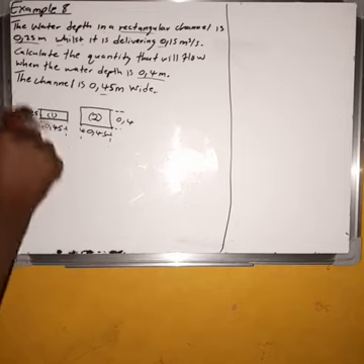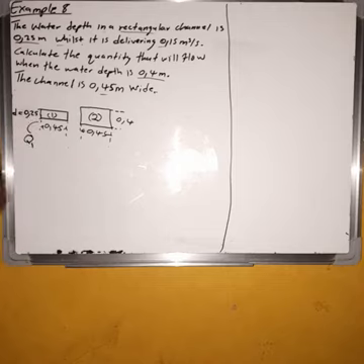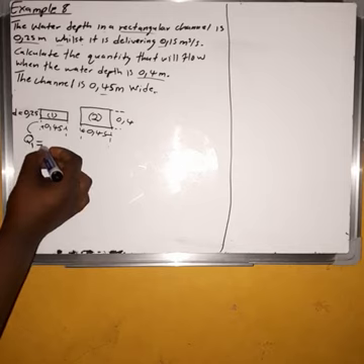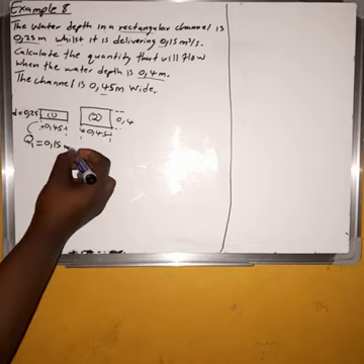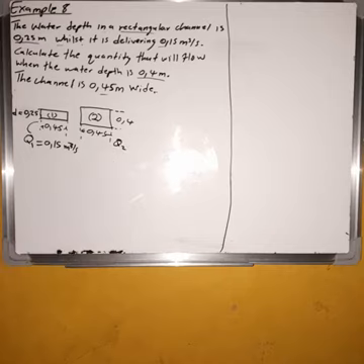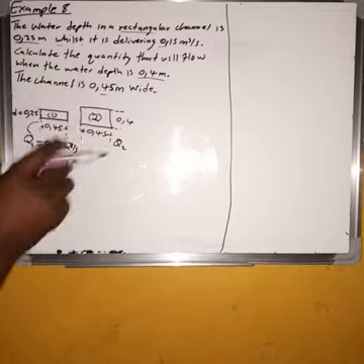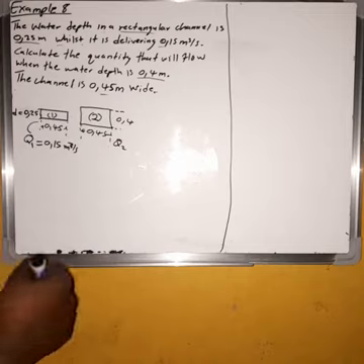According to the question, the first one delivers Q1 equal to 0.15 cubic meters per second. We don't know Q2, because if you have this pipe, the water will travel, but there will be a change in velocity, which will affect the rate of flow.